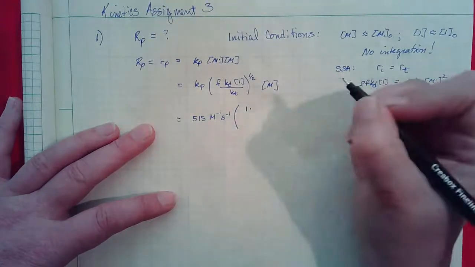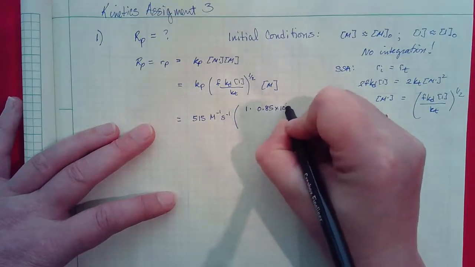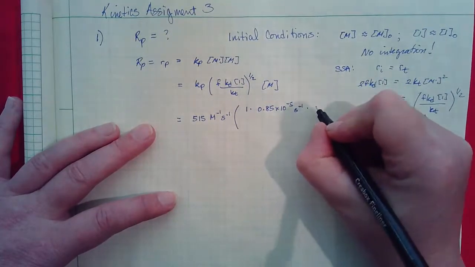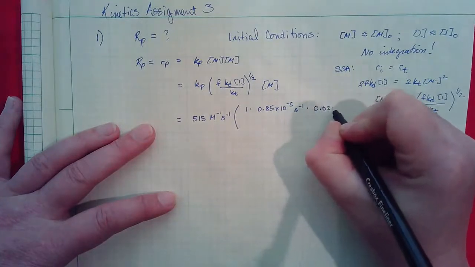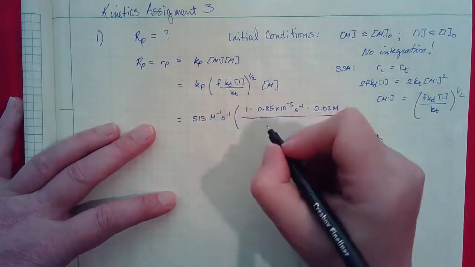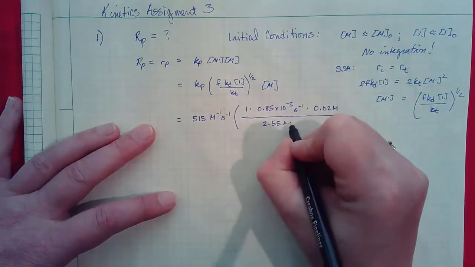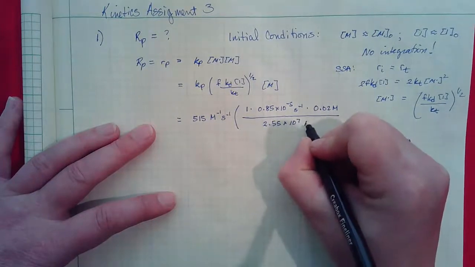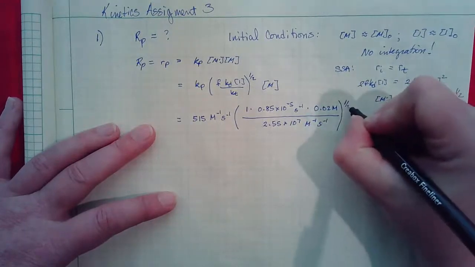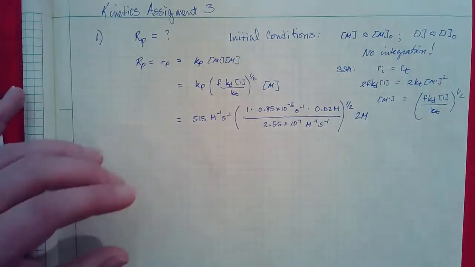We've got F equals 1 and it's unitless, times Kd, 10 to the minus 5 inverse seconds for units, times the initiator concentration, 0.02 molar, divided by Kt, 2.55 times 10 to the 7th inverse molar inverse seconds, to the 1/2 power, times 2 molar.